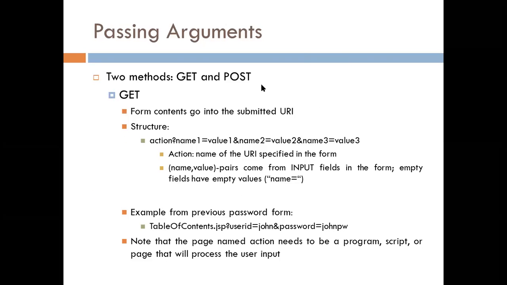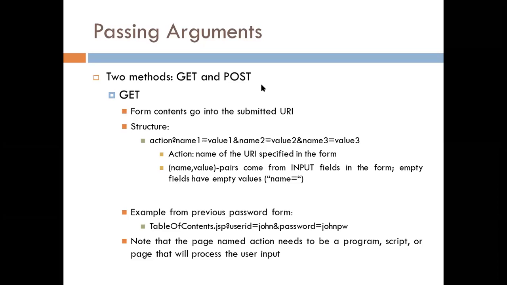So passing the arguments. In order to pass the arguments from the browser or client to the middle layer, two methods are used. One is get, another one is post. In the get method, form contents go into the submitted URI.